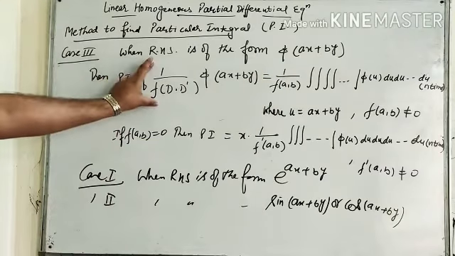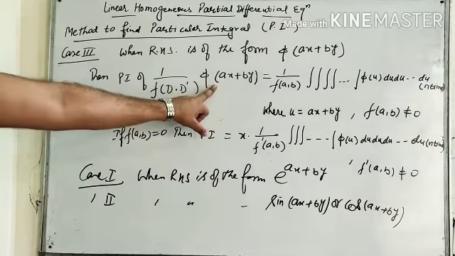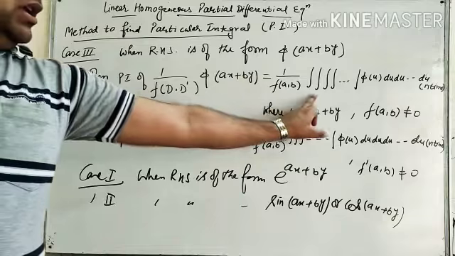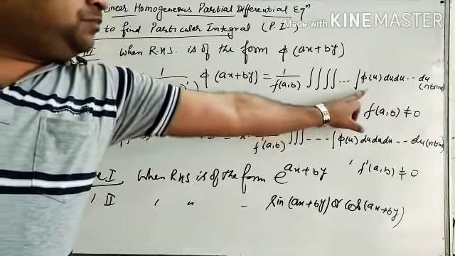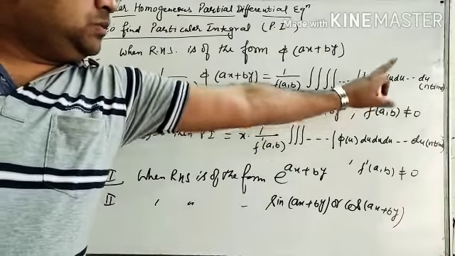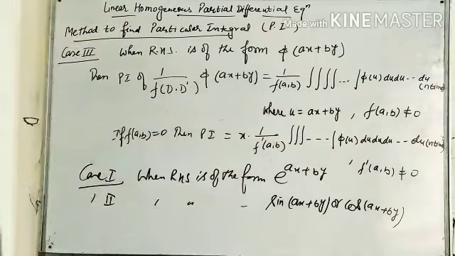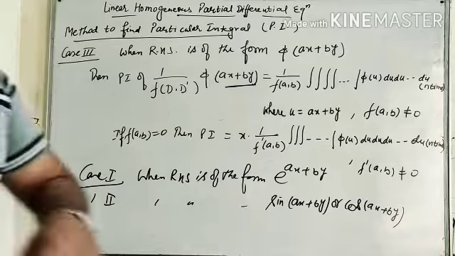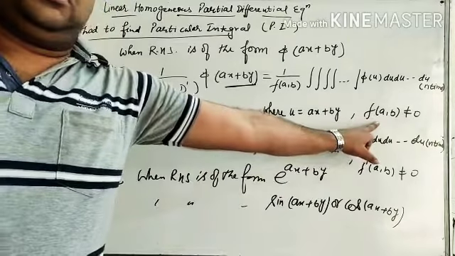Then PI equals 1 upon f(D, D dash) phi(ax plus by) equals 1 upon f(a, b) integral n times phi(u) du n times, where u equals ax plus by, provided f(a, b) is not equal to 0.